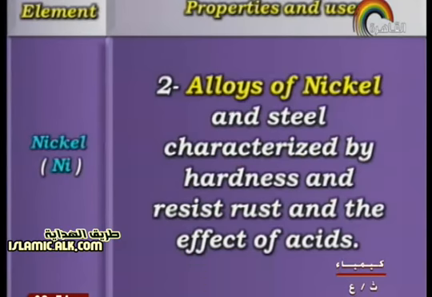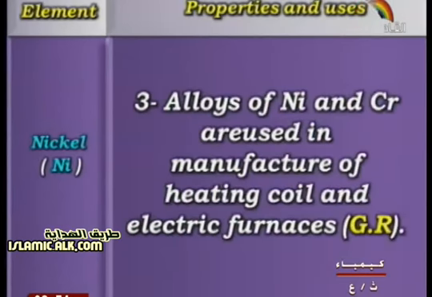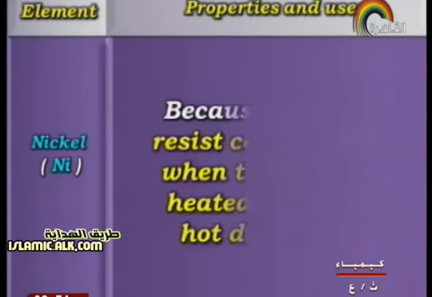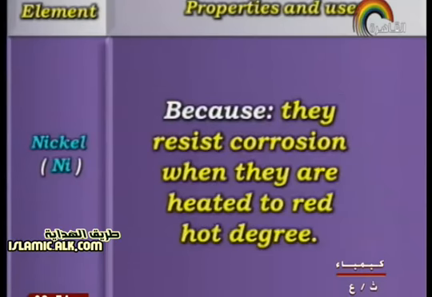Alloys of nickel and chromium are used in the manufacture of heating coils and electric furnaces, because they resist corrosion when heated to red hot.